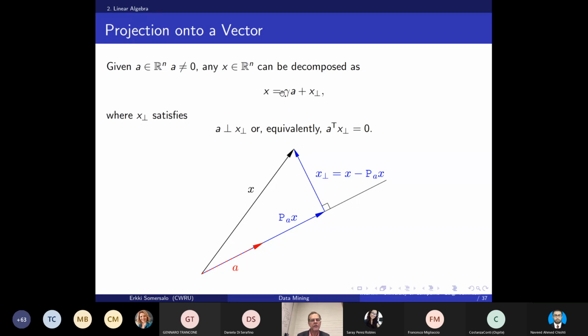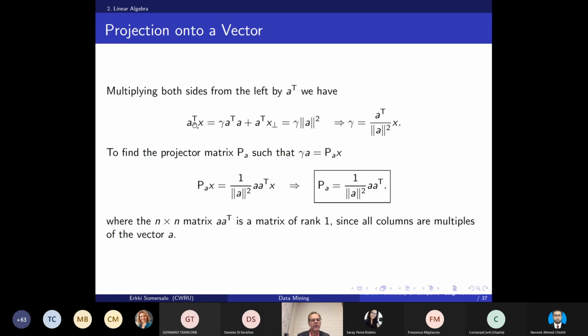A transpose x gives me gamma times A transpose A, plus the inner product with x perp, but that's 0. So here is the calculation: A transpose x is gamma A transpose A plus A transpose x perp. And the second term here is 0 because my x perp is assumed to be perpendicular, or orthogonal, to A. And therefore the inner product by definition must be 0.